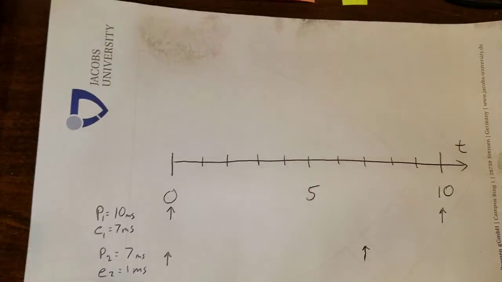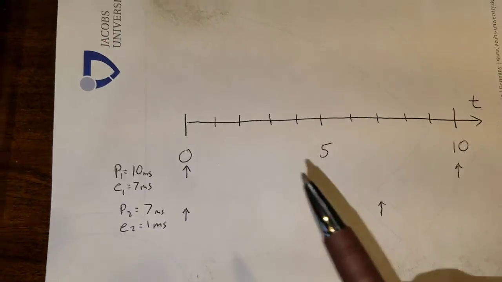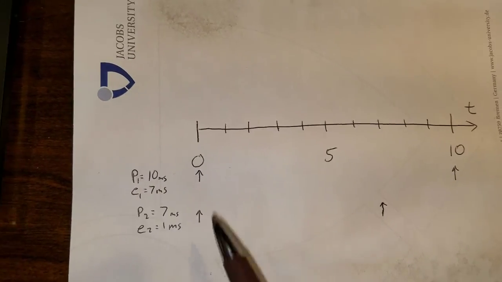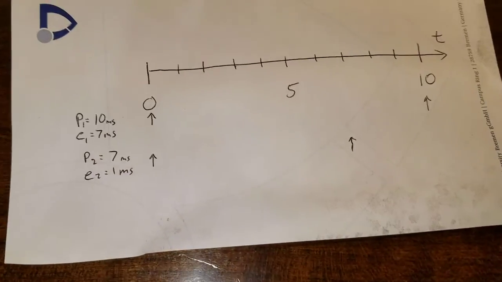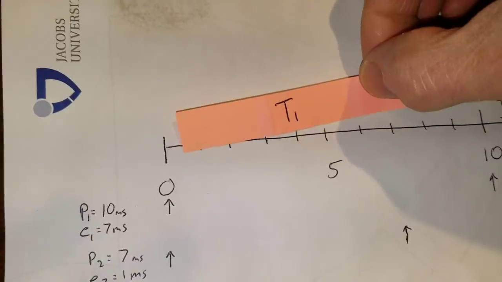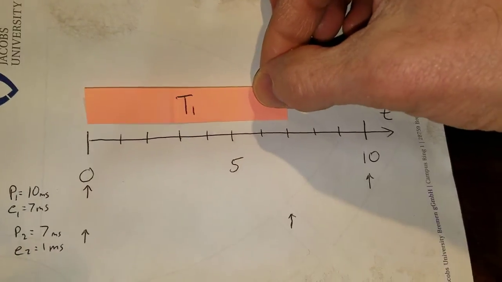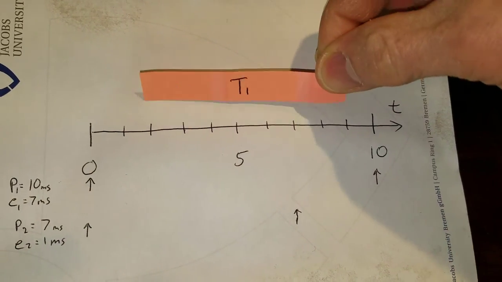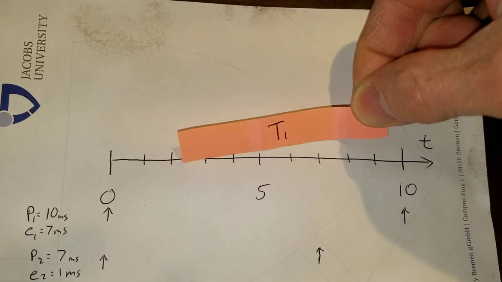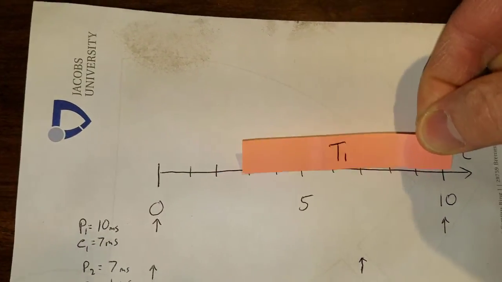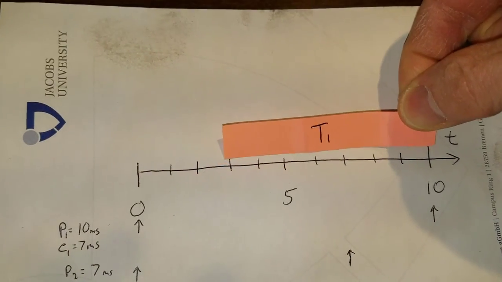If we're back here at time 0, how do these two tasks fit on this timeline? That's what the laxity calculation is: how much leeway is there that this can fit?